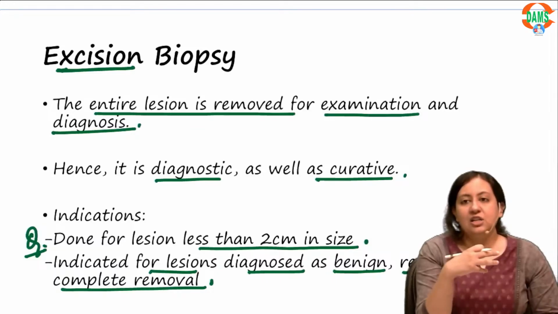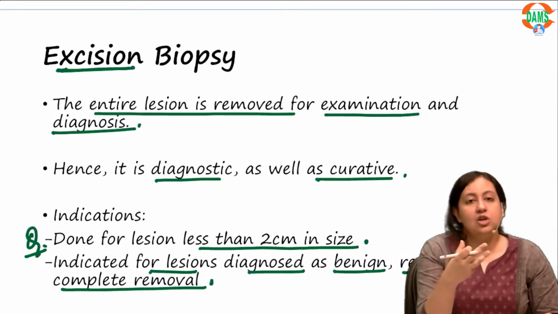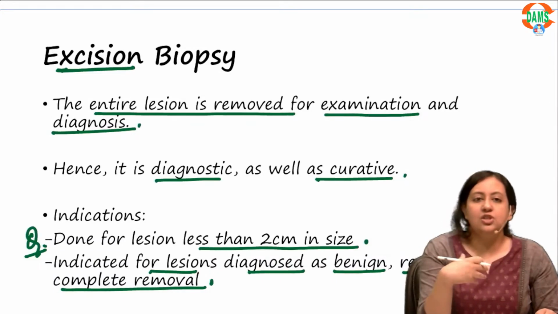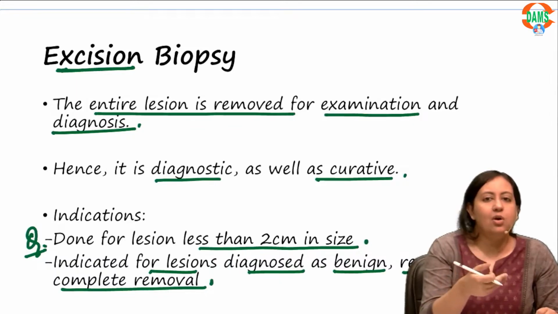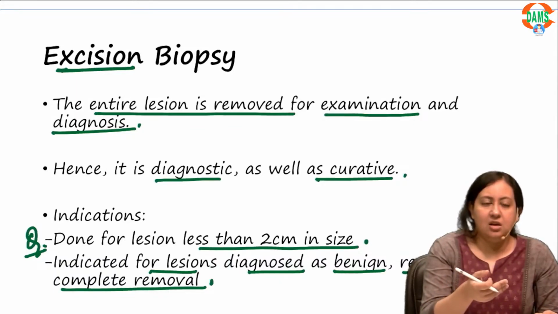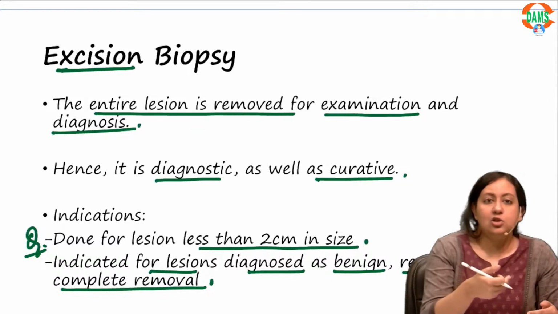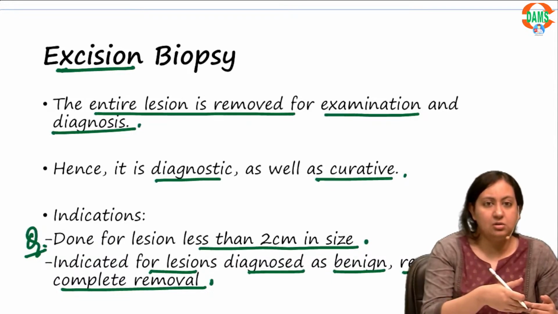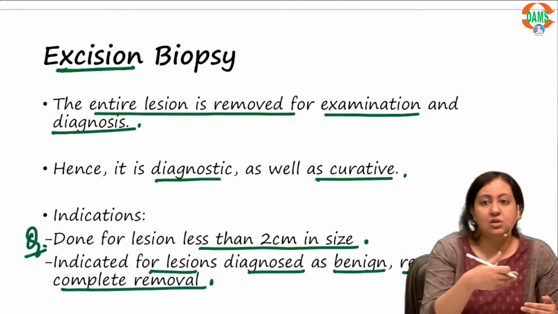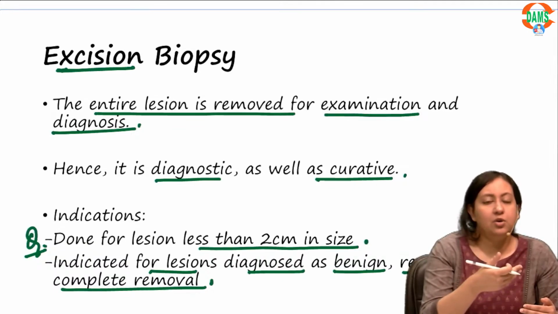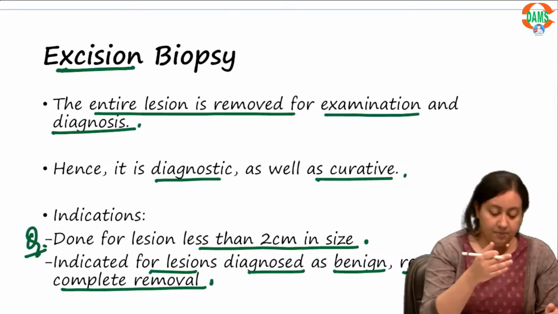So you actually cannot do an excisional biopsy for a lesion which is looking suspicious for carcinoma or malignancy. You can only carry out an excisional biopsy for a benign looking lesion, or a lesion which does not hold potential of being malignant.